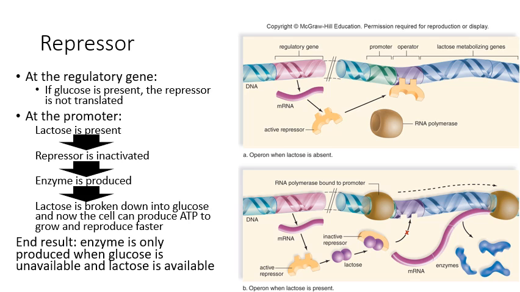Does that help? If the repressor is inactivated, it doesn't block transcription, and it allows the creation of the enzymes that can break down lactose. If there is no lactose present and the repressor is active, then it can bind to the operator and block transcription.